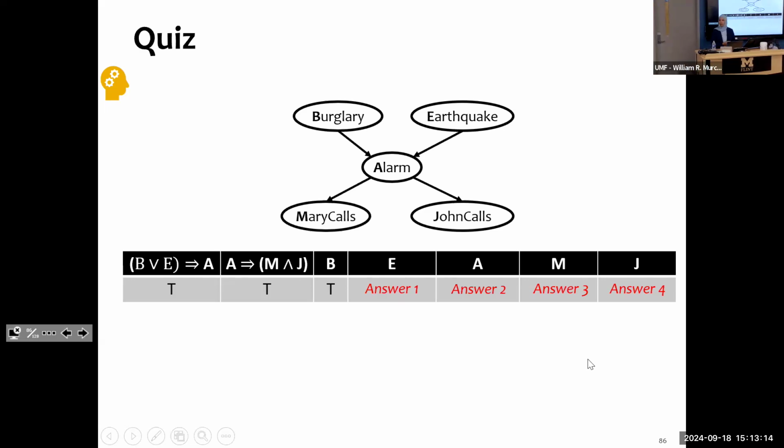Online, it's done. So I do have one question. Is it supposed to be A implies M and J, or A implies M or J? In the quiz it's reading as A implies M and J, and I was thinking it should be A implies M or J, based on the picture.